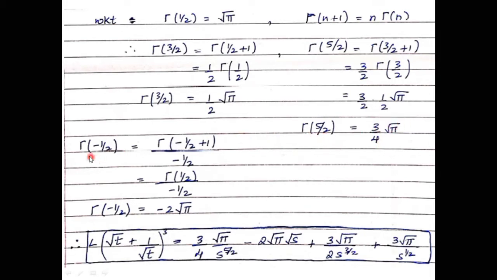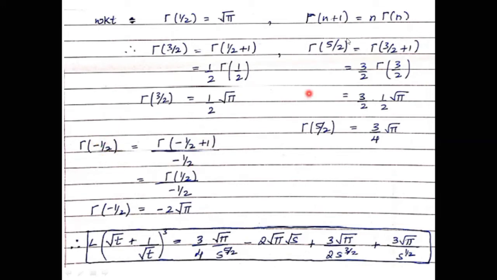And here for negative half, I have done it in a different way. See, I can write this gamma n as gamma n plus 1 by n. So I have written this gamma minus half as gamma of minus half plus 1 divided by n. Here n is minus half.